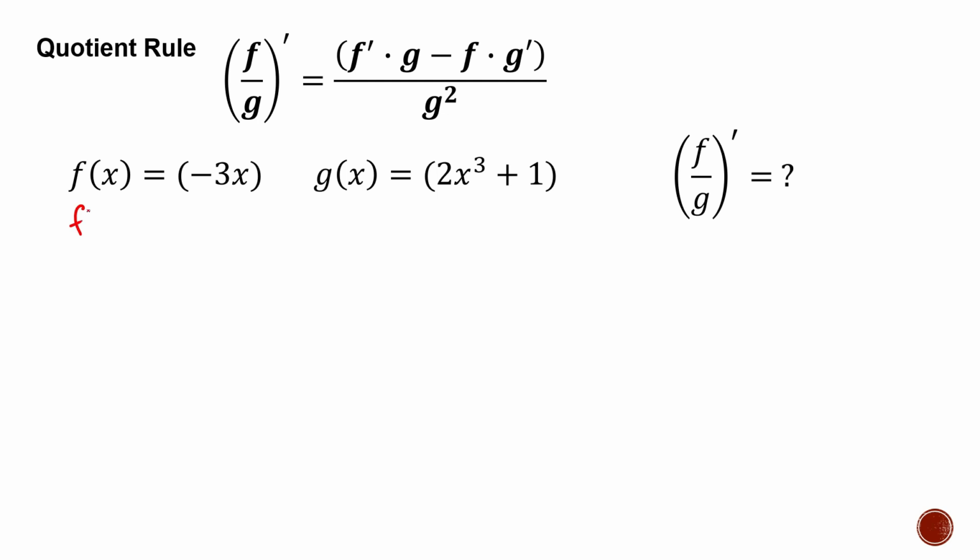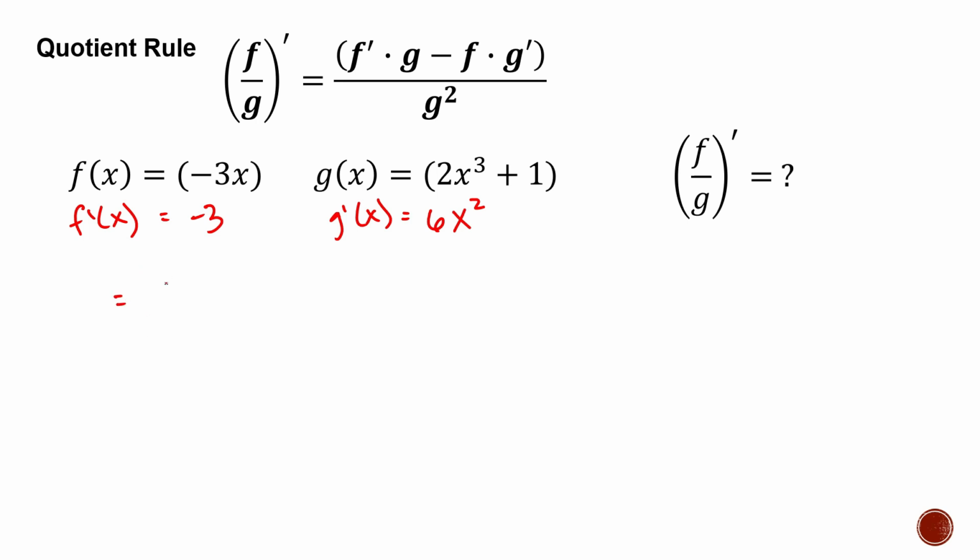Again here, the first step is we need to find the derivative of the f function, which is negative 3. The derivative of the g function is 6x squared.